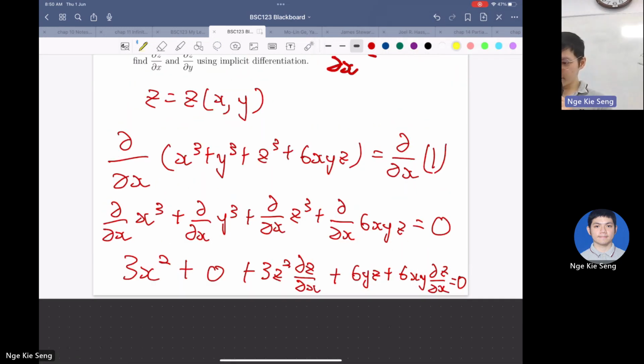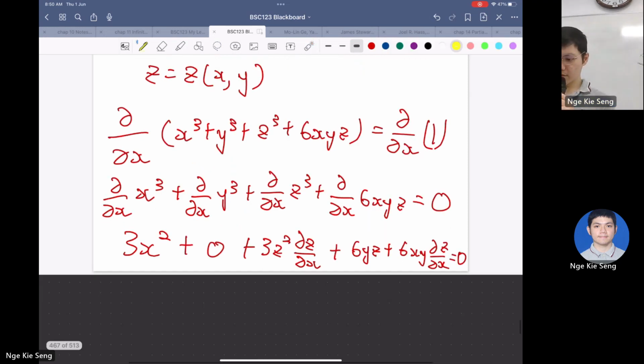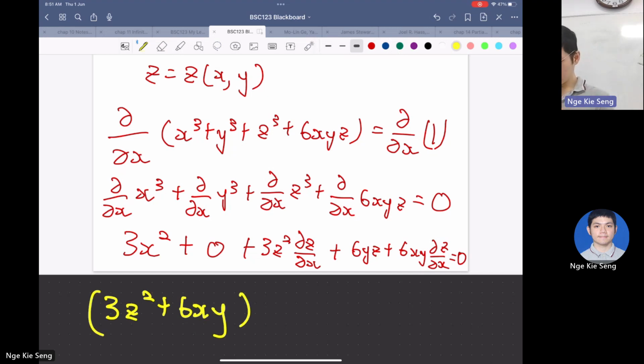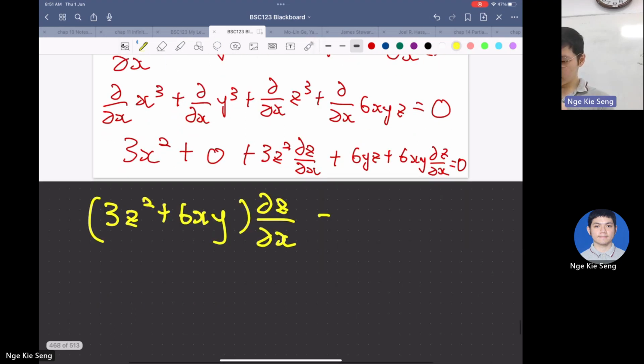In this case, you see del z del x drops out. Now you can collect the del z del x terms. So let's collect them: 3z squared plus 6xy times del z del x equals minus 3x squared minus 6yz.